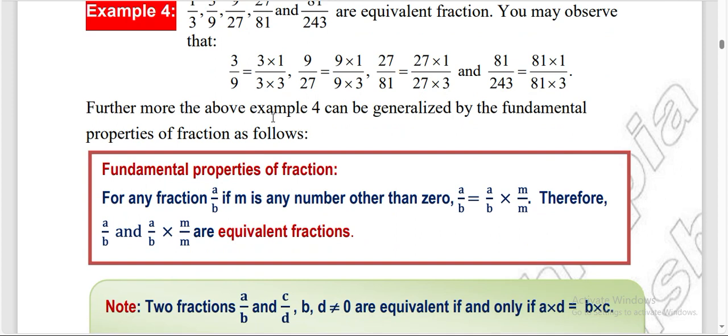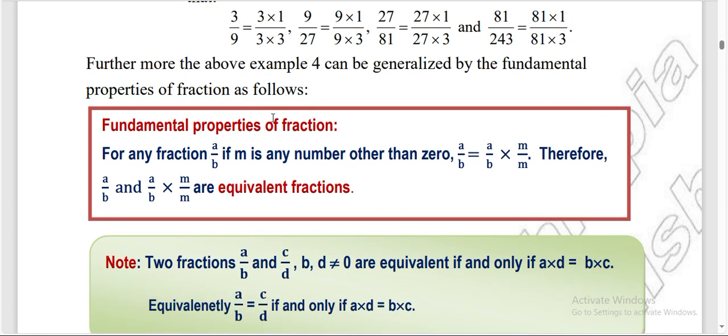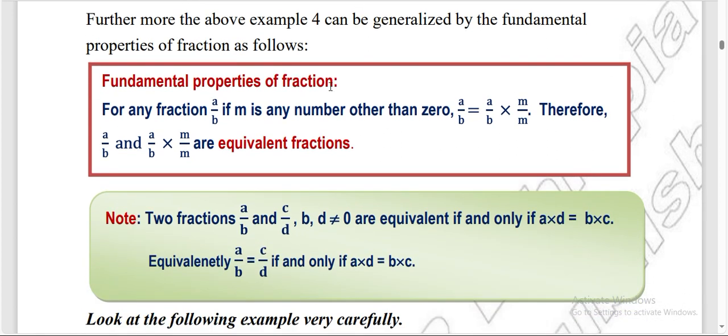Furthermore, the above example can be generalized by the fundamental properties of fractions as follows. Fundamental properties of fractions: for any fraction A over B, if m is any number other than 0, then m over m equals 1.